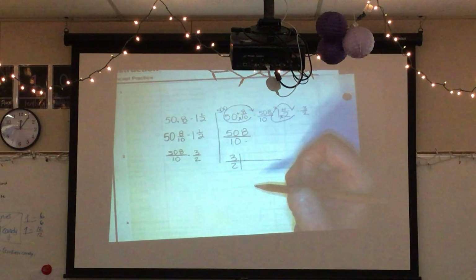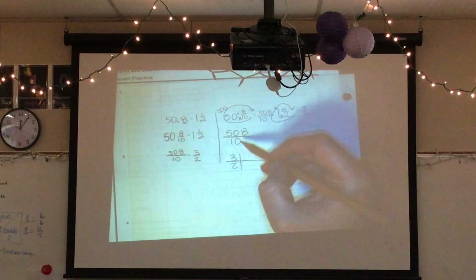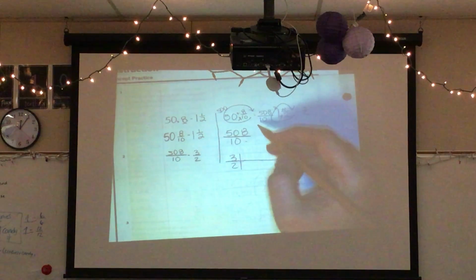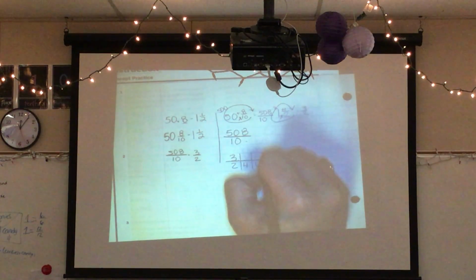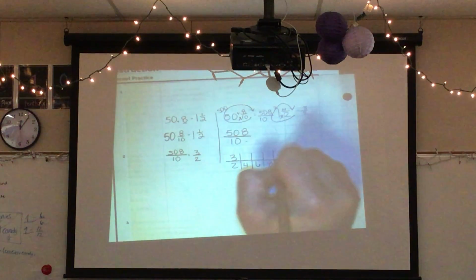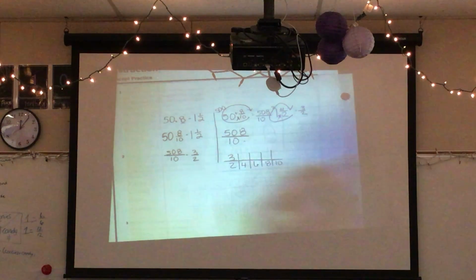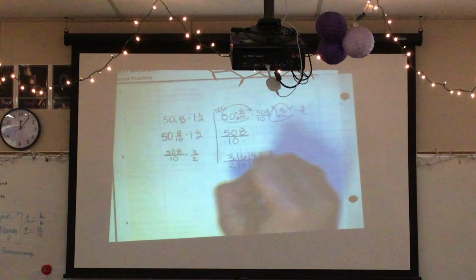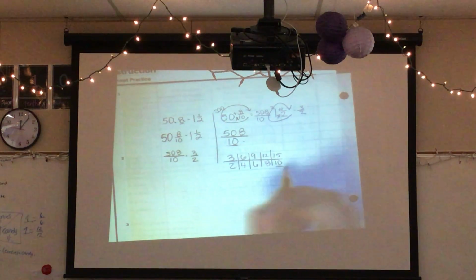If it doesn't, then I need to extend these. But if I can get it to just equal up to that, then I don't have to do anything with all these big numbers. 2, 4, 6, 8, 10. Yes, my denominator will end up being 10, the 10 there and the 10 there.